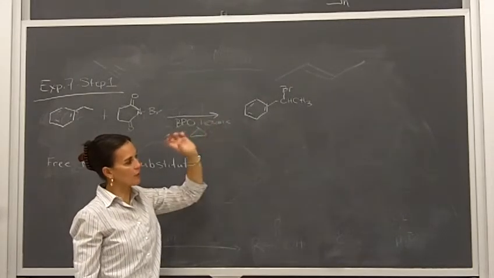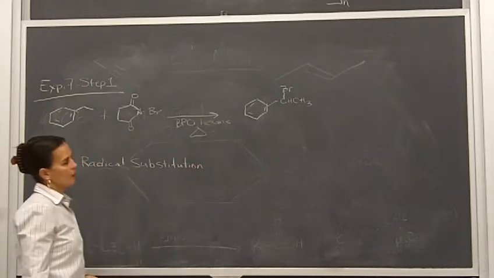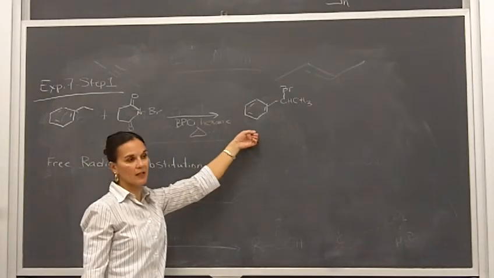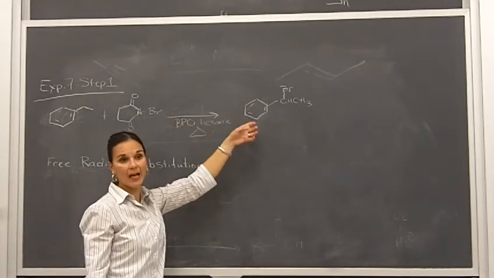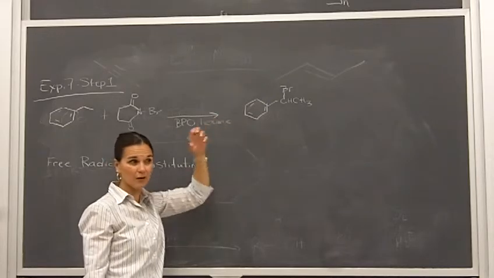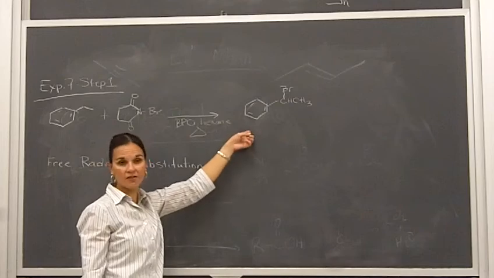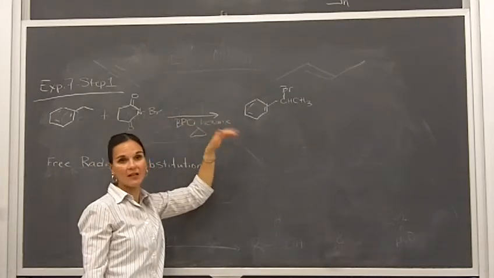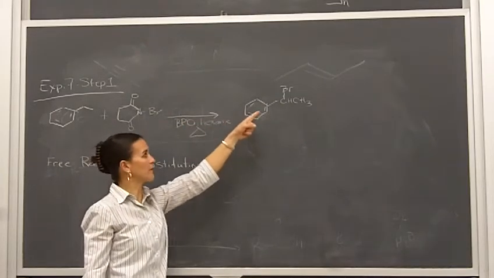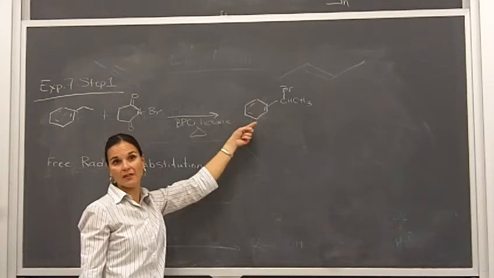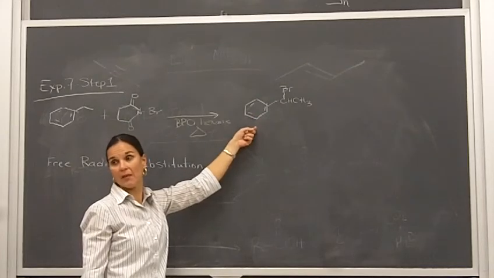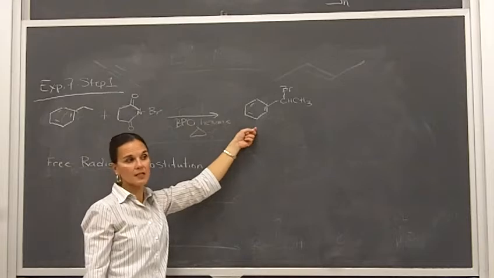So once you get your product, you're going to want to make sure that you keep it in a very dry, tightly capped vial, make it a small vial, not a really large vial. You don't want any oxygen in there. And you want to keep it in the dark because with that halogen on there, it's very reactive and it's also very light sensitive, and it may just react on itself just sitting in the light.